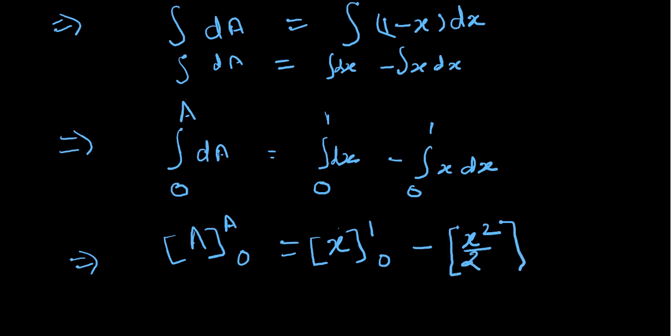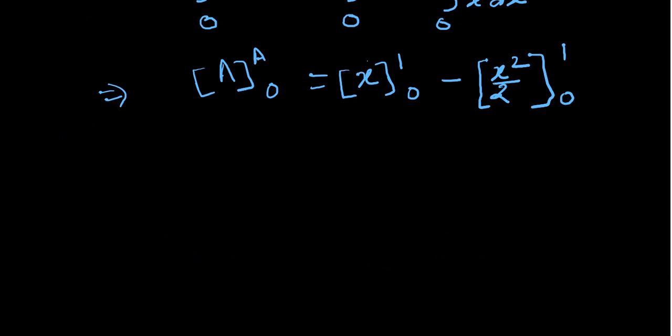Now if we further solve it, we will see the actual area of this triangle. A is equal to x from 0 to 1, so 1 minus 0, minus (1 square by 2 minus 0 square by 2).